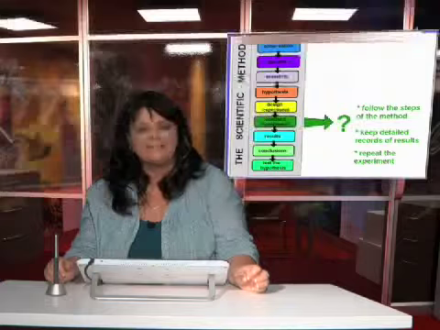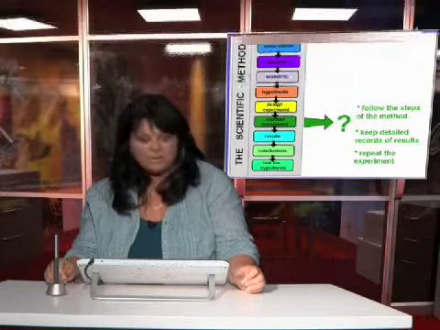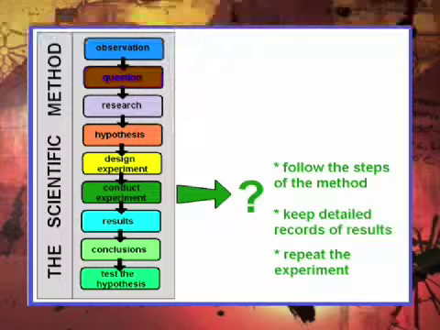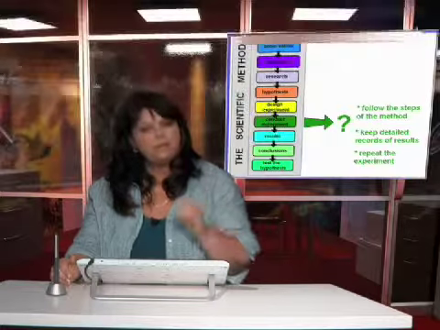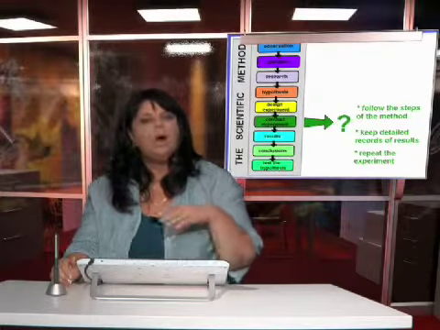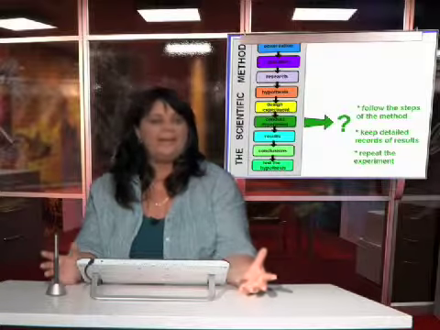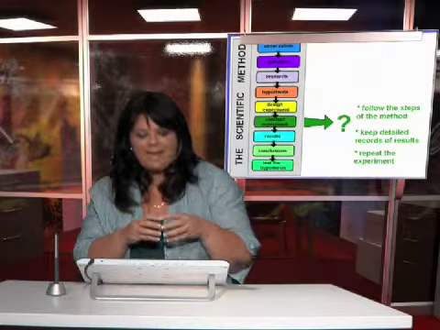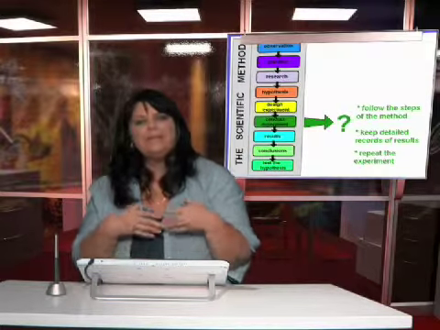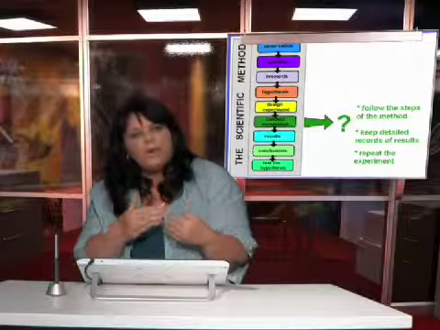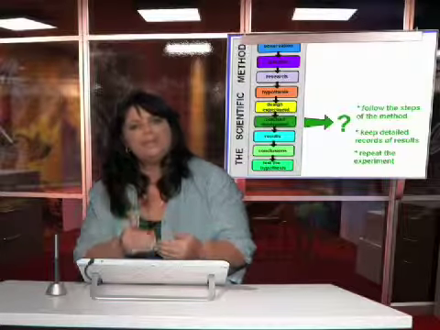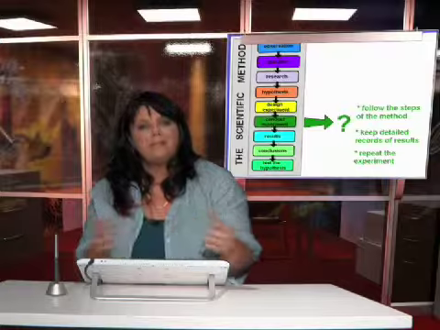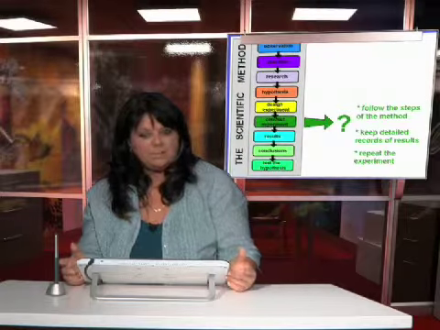You've got to keep detailed records of your results, and you've got to repeat that experiment, not once or twice, but a couple of times, so that you can make sure that those results that you have got are not just once off and a mistake or a fluke. You've got to actually see that they actually can be repeated, that this is reliable, because every time you do this experiment, you get the same outcome. You get the same results coming out of this experiment.